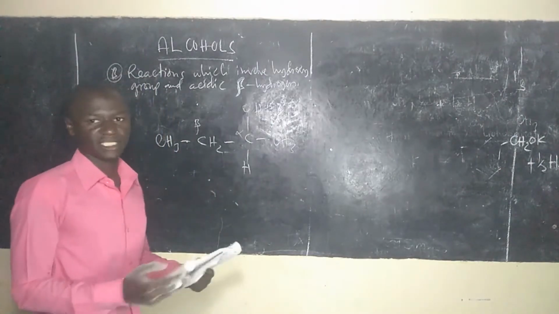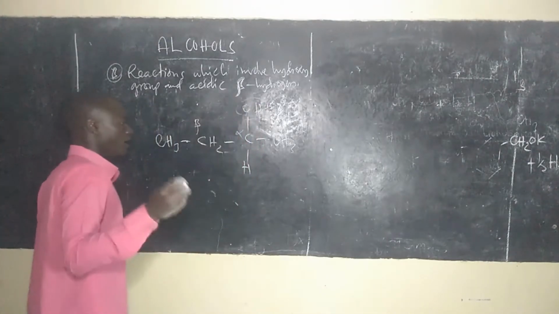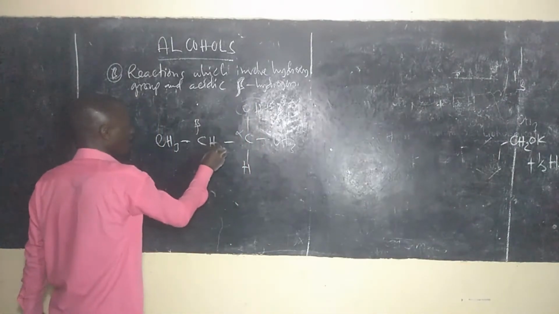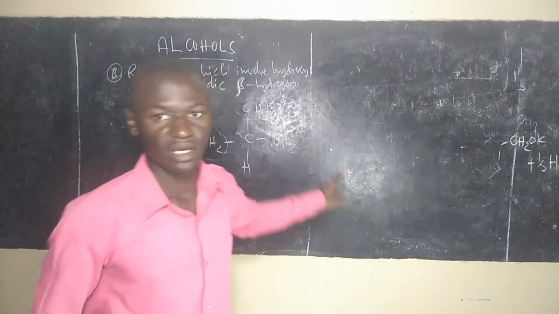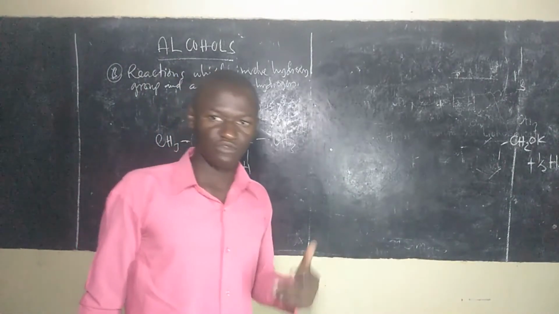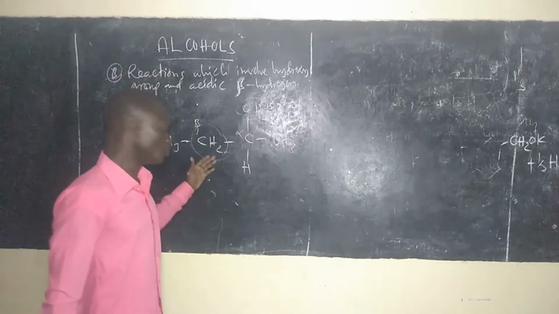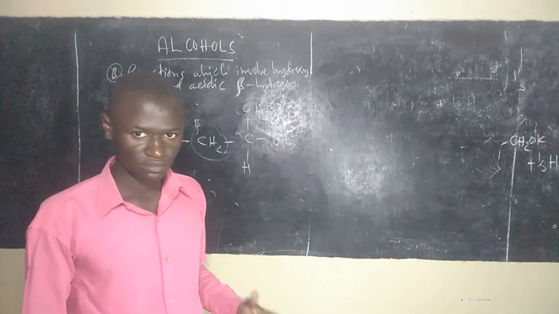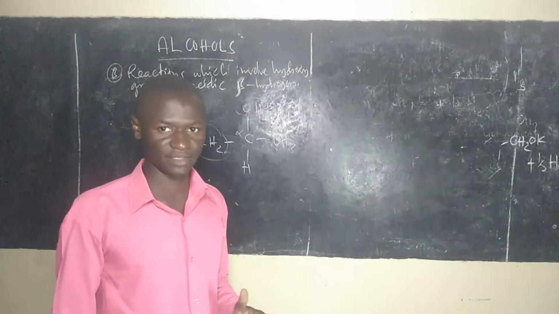Lakini there are some reactions which involve this hydroxy and acidic beta hydrogen. If you remember, we discussed this in mesomeric effect, I mean the factors affecting the mechanisms of organic reactions. Tulisema how hii acidic beta hydrogen, why is it acidic?